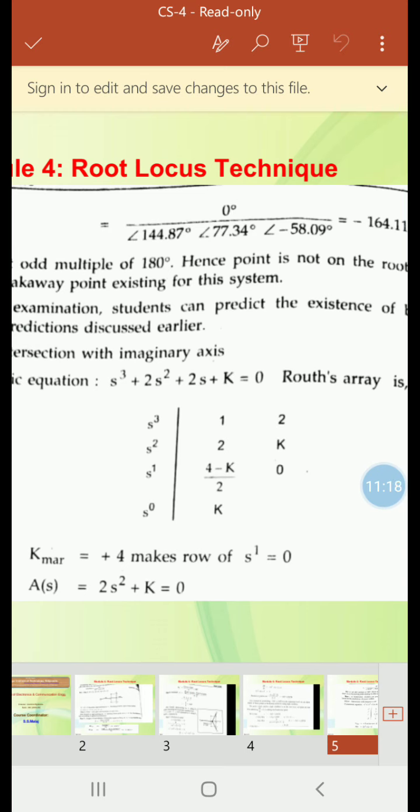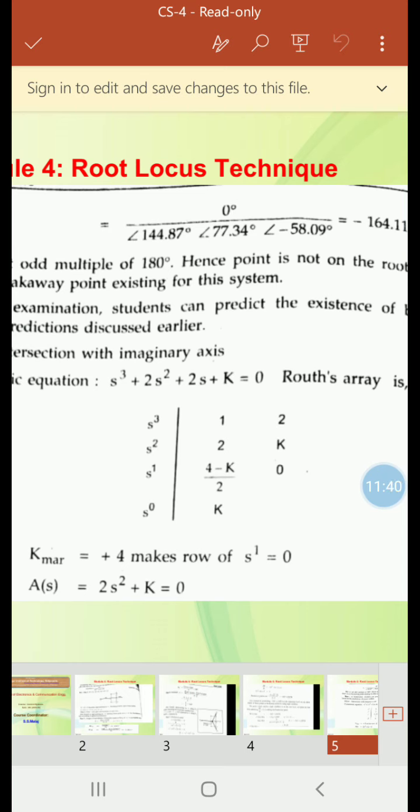The auxiliary equation A of s is the equation from the row above the row we are making 0. That is the s squared row, so 2s squared plus k is equal to 0. When you find k marginal, at k marginal we have determined plus 4.